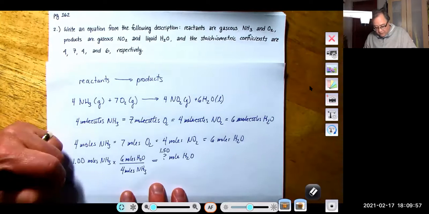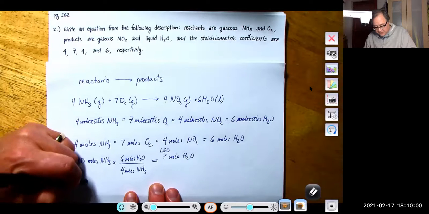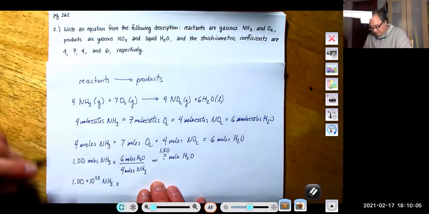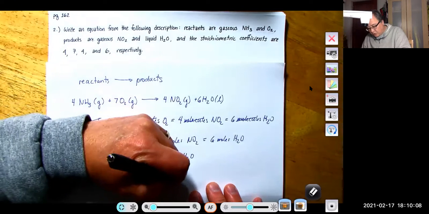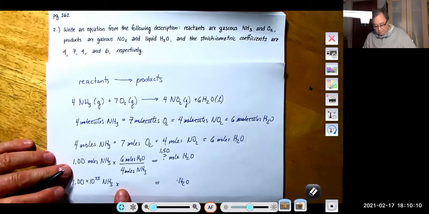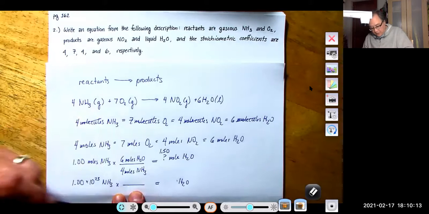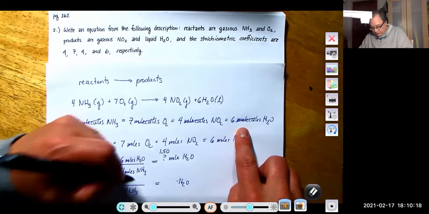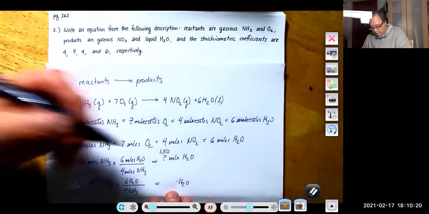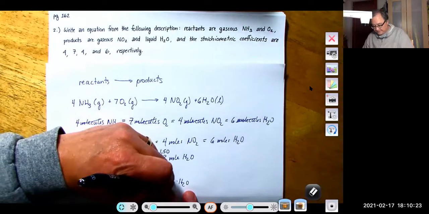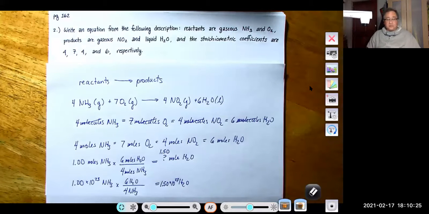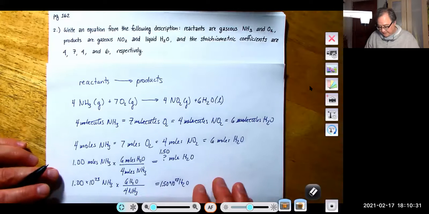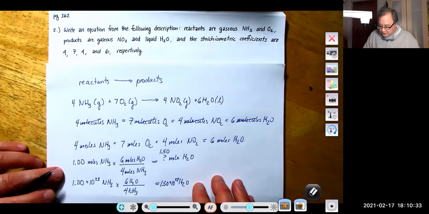Likewise, if we start off with 1.00 times 10 to the 23 NH3s, and we wanted to figure out how many H2Os we would make, we would multiply by 6 H2Os for every 4 NH3s, and we see that this number would be 1.50 times 10 to the 23. So that's how we use coefficients in a calculation, if you will. And this is what the coefficients mean.